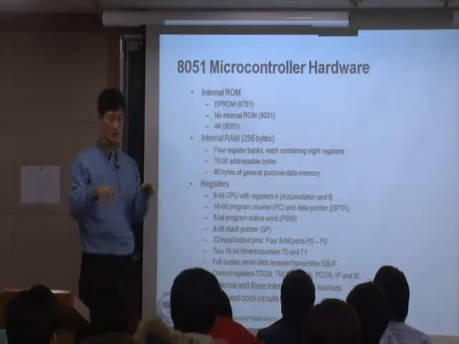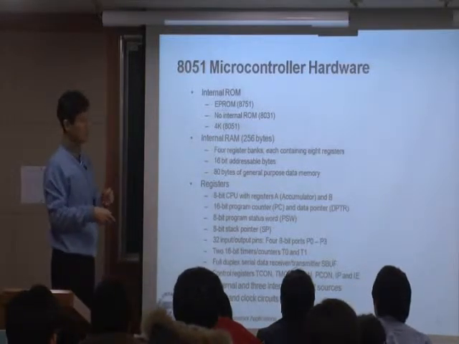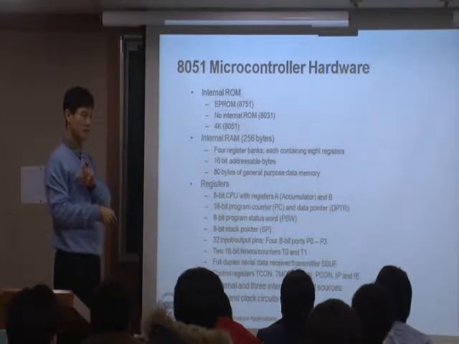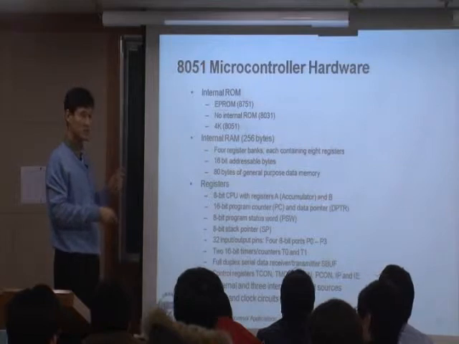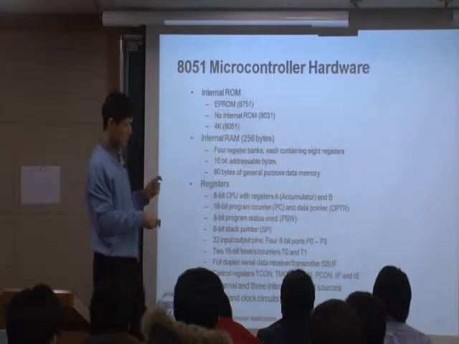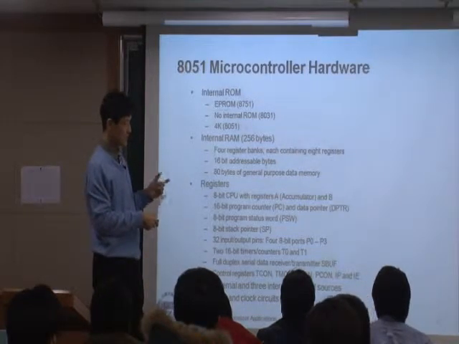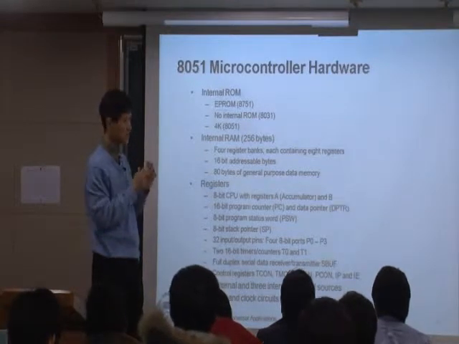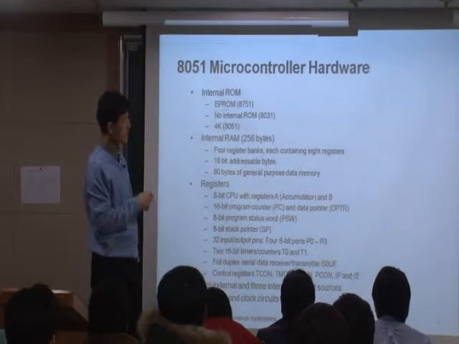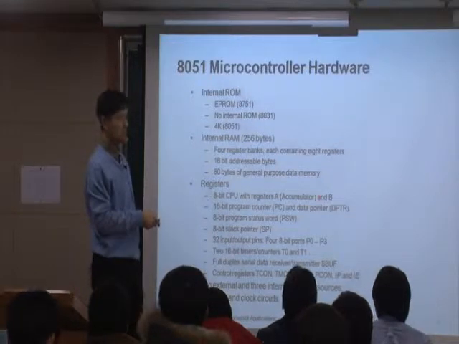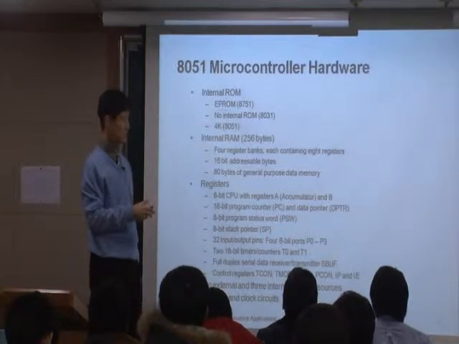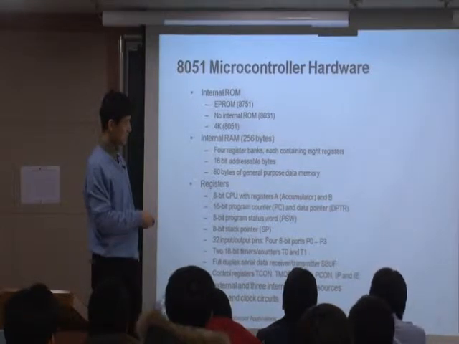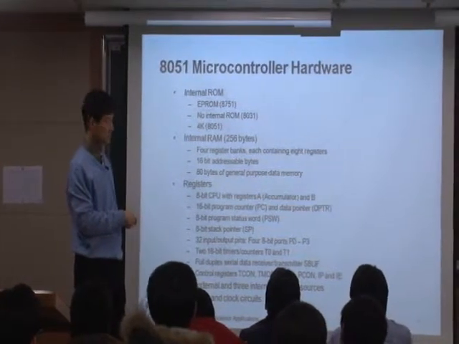Each processor has its own names, but accumulator is common. For every microprocessor you see, you probably see the accumulator. We call it A, just short as A. In the 8051, there's another one called B. That's another register. These registers are 8-bit registers.